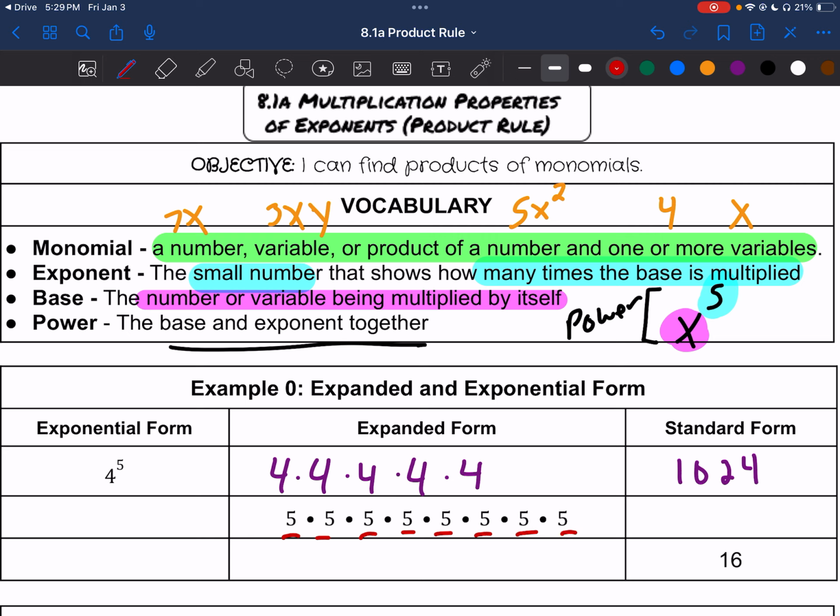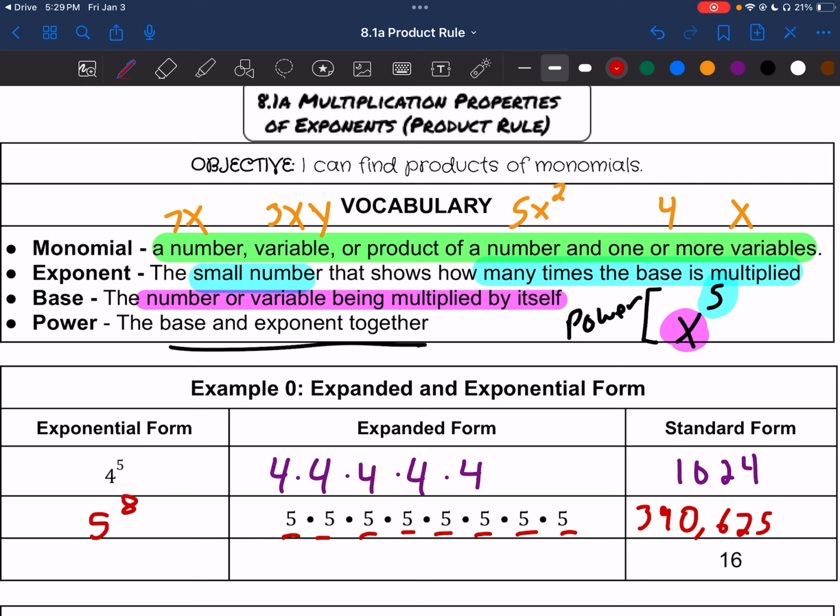So the number that's being multiplied is 5, and there are 8 of them. So it is 5 to the 8th power. So then when we multiply that all out, you're going to need a calculator on that. I'm not going to expect you to do that in your head. You're going to get 390,625.